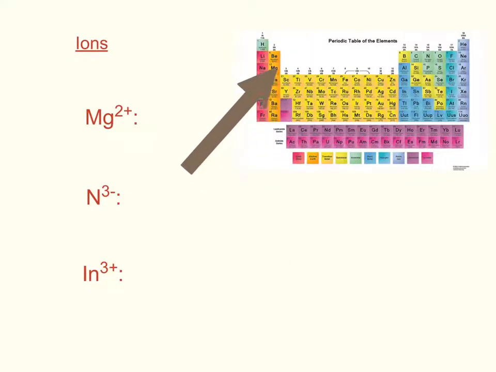So let's find magnesium. Magnesium is right there. It's an alkaline earth metal. The electron configuration for magnesium is going to be, I'll write it above, if I cut back to neon, 3s2. All right.